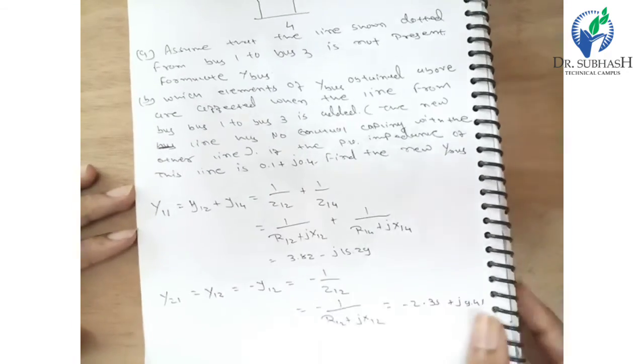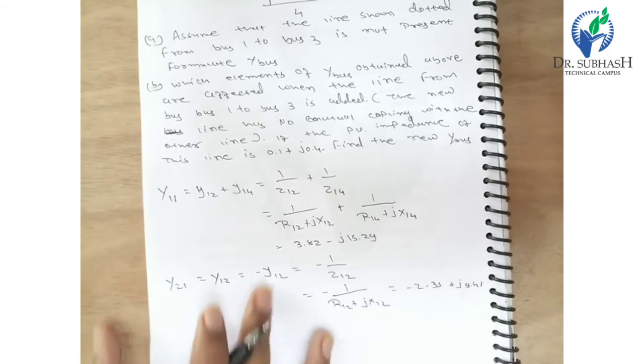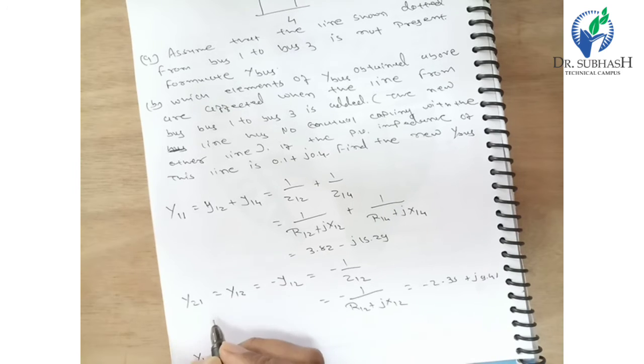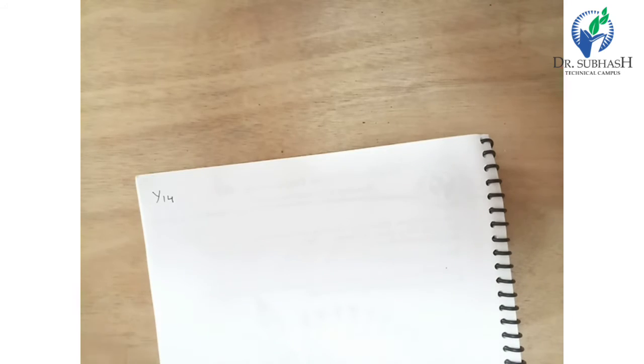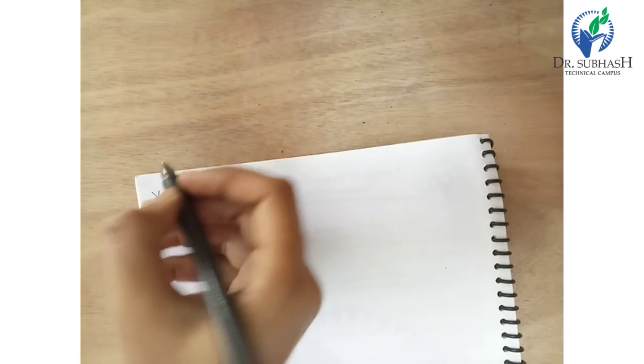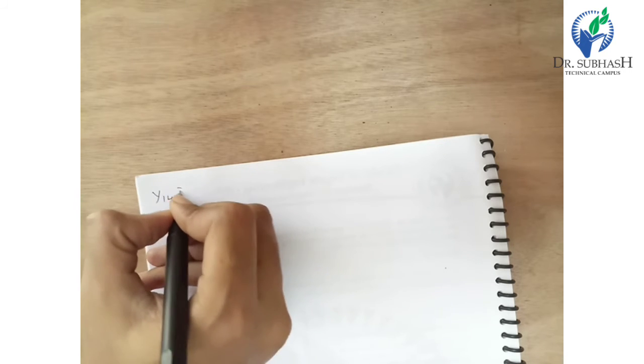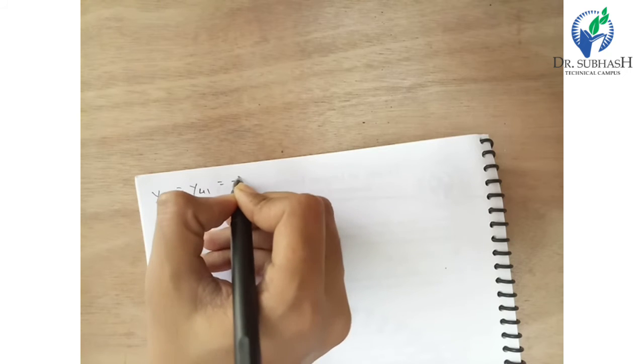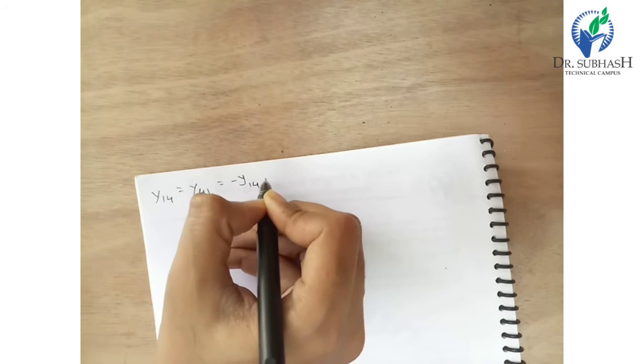In a similar way we add the value of y14. y41 is equal to minus small y14.